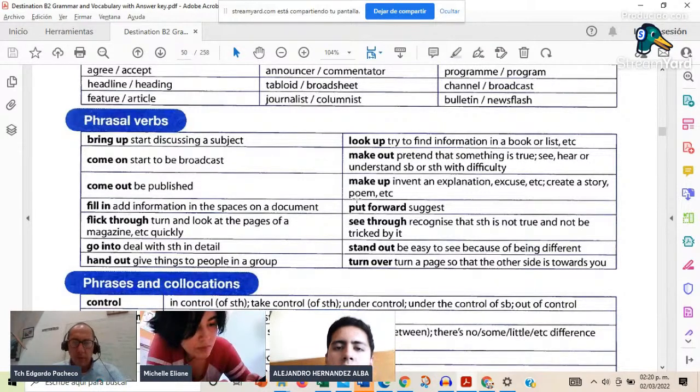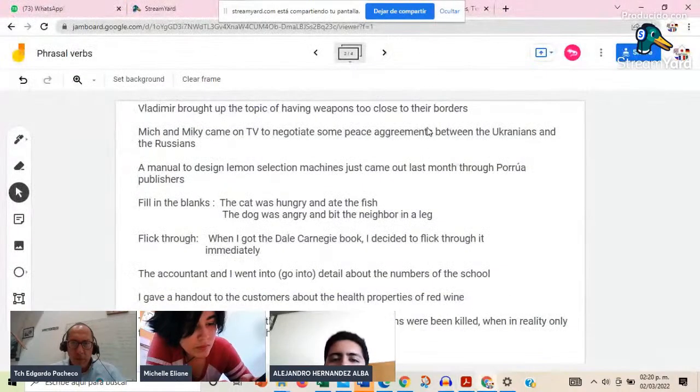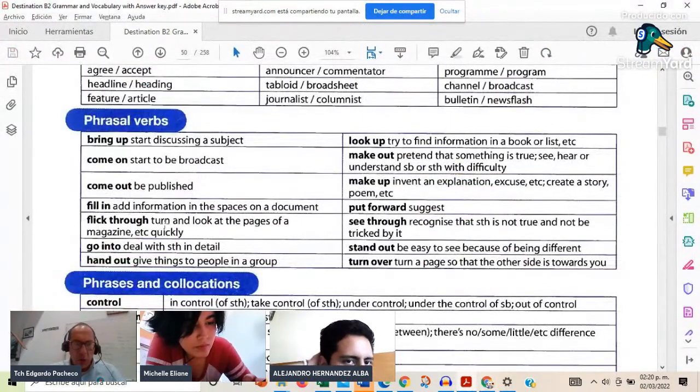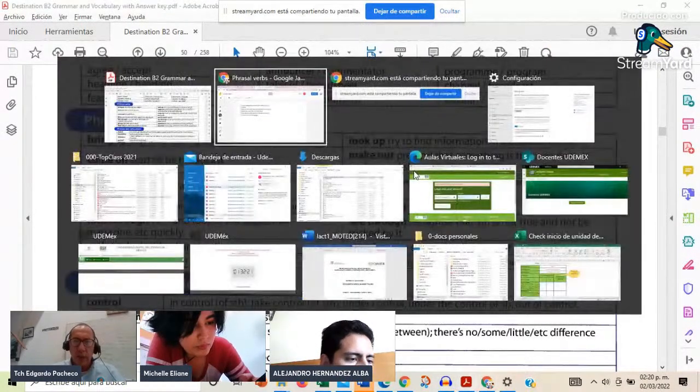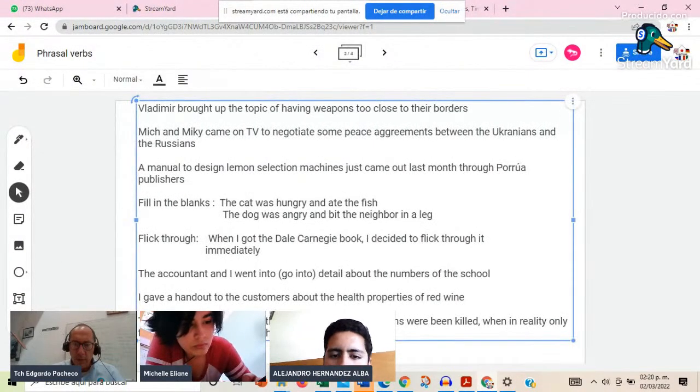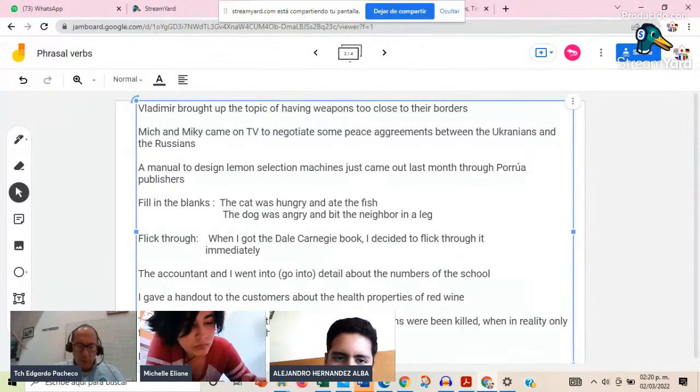Teacher, how can we use put forward? I know that it is like a suggestion, but how can I use it? Okay, put forward: you put a concept forward, right? For example, you can say, Mickey put forward the idea of banning the purchase of uranium from Mexican mines.